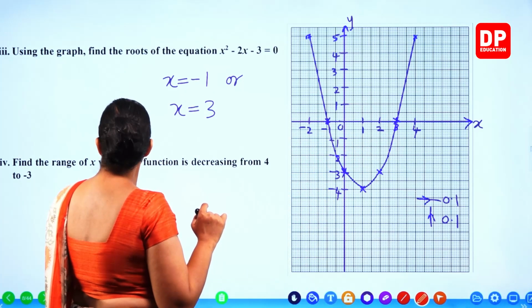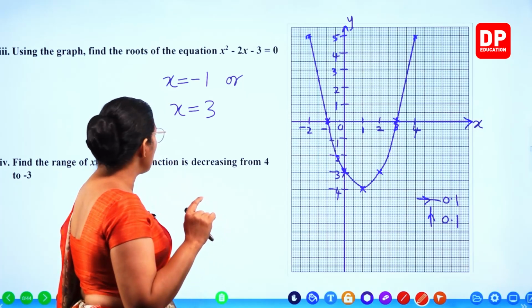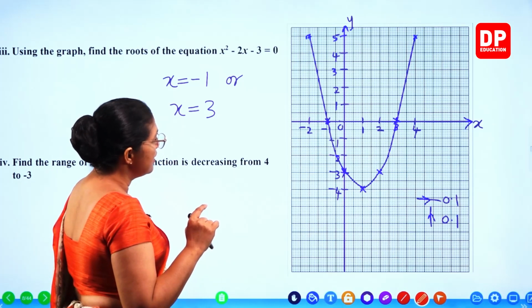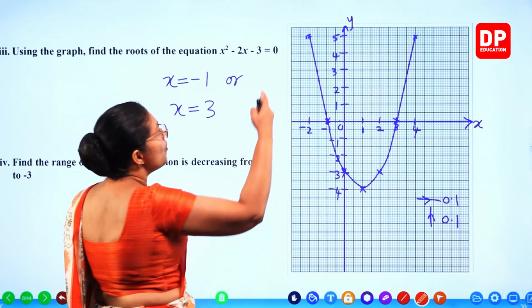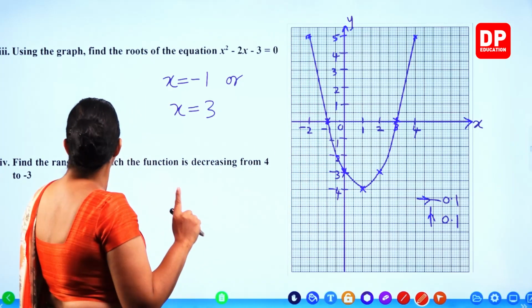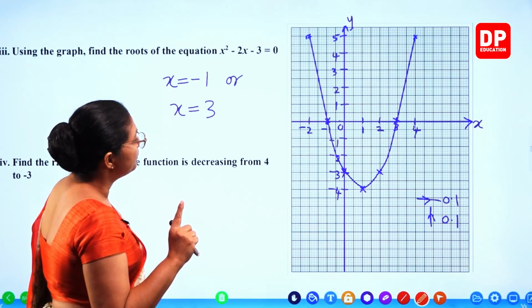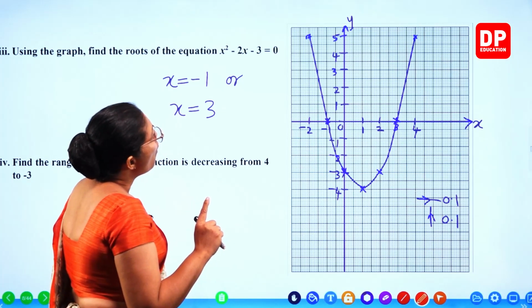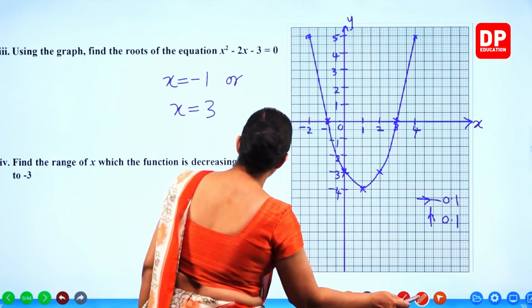Then part 4, find the range of x which the function is decreasing. Function is decreasing. Where to where? Here to here. But they want from 4 to minus 3. 4. So let's draw that.